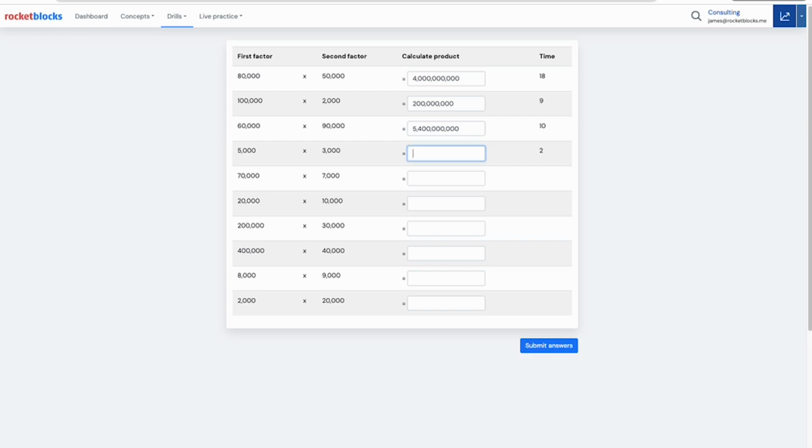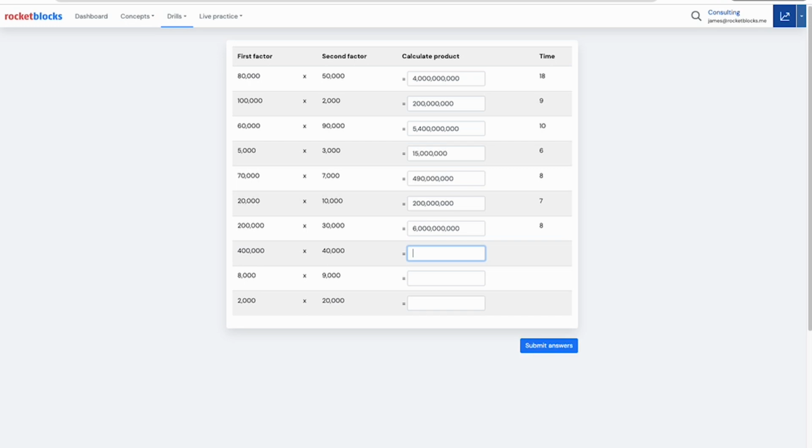3,000 times 5,000 is 15, with 3 zeros on the left and 3 on the right. 70,000 times 7,000 is 49, with 4 on the left and 3 on the right. 20,000 times 10,000 is 2, with 4 on the left and 4 on the right. 200,000 times 30,000 is 6, with 5 on the left and 4 on the right.